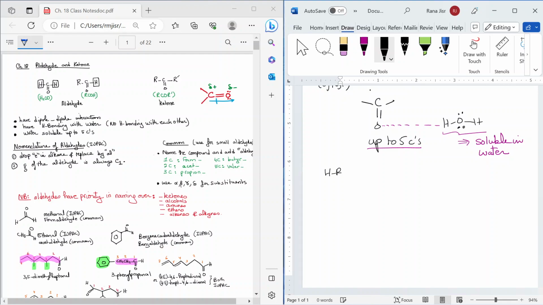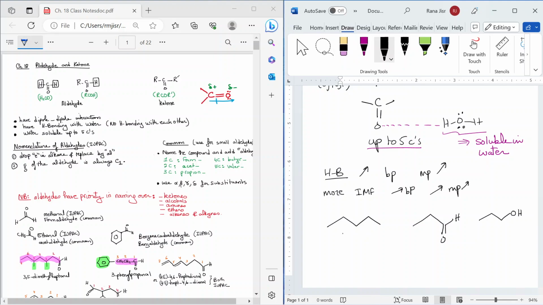Remember that hydrogen bonding increases the boiling point and the melting point. And the more intermolecular forces, the higher the boiling point and the higher the melting point. So if I am comparing a simple alkane versus an aldehyde versus an alcohol, then you would need to look at the type of intermolecular forces of each.